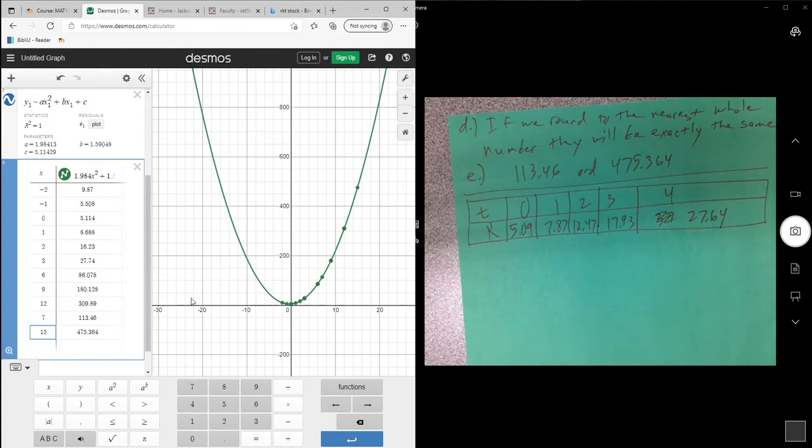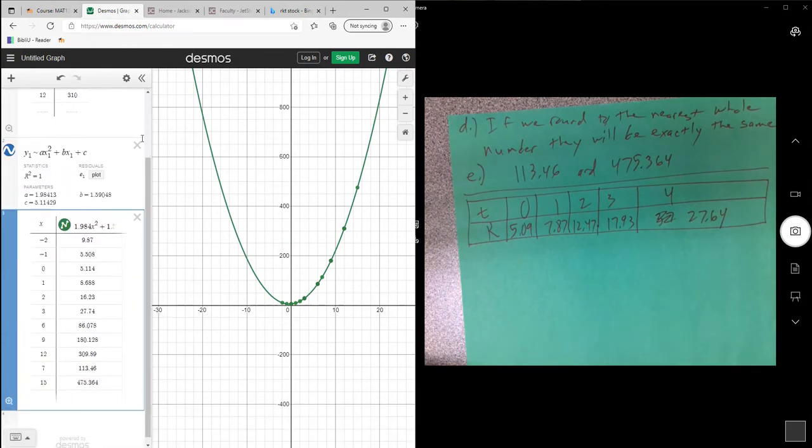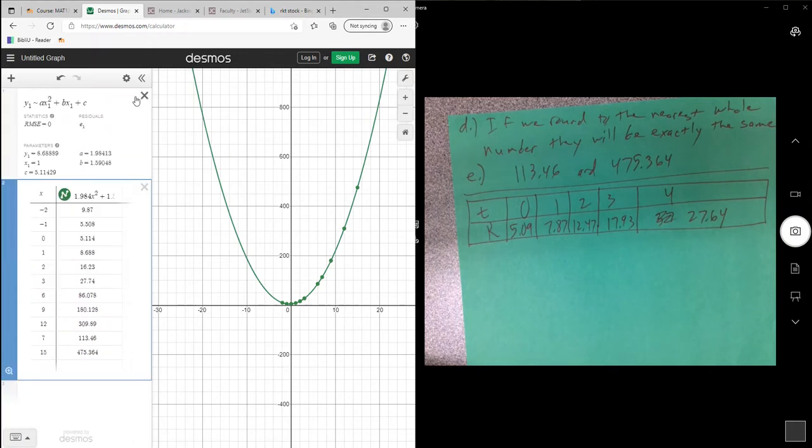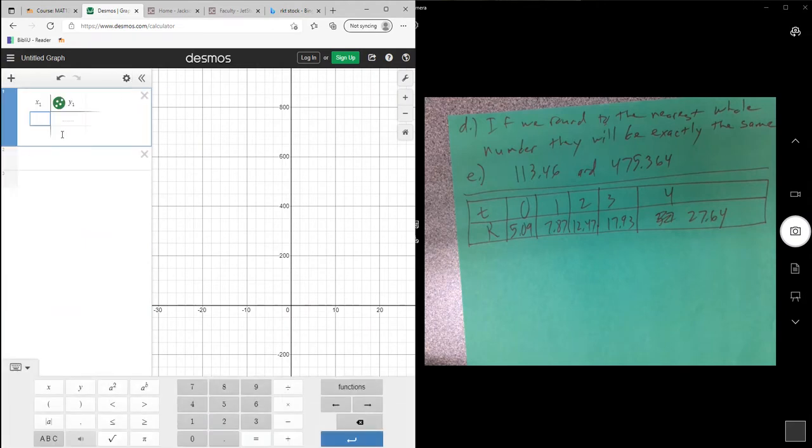Okay, now let's put this in this calculator. I'm going to get rid of all of these values that we had here. Add a table. I'm going to put in these values here.